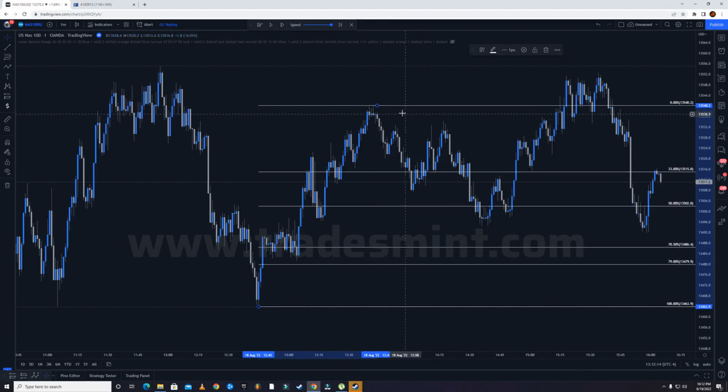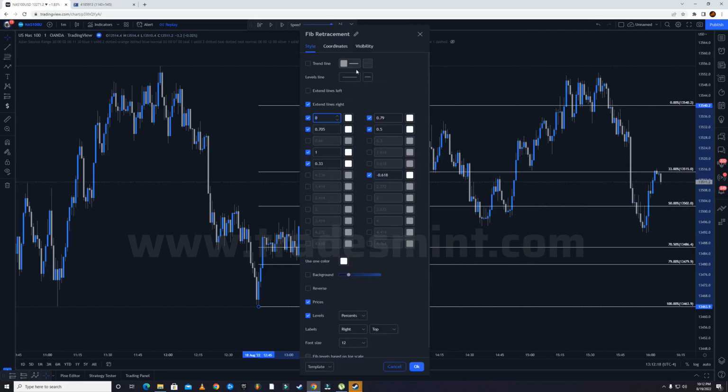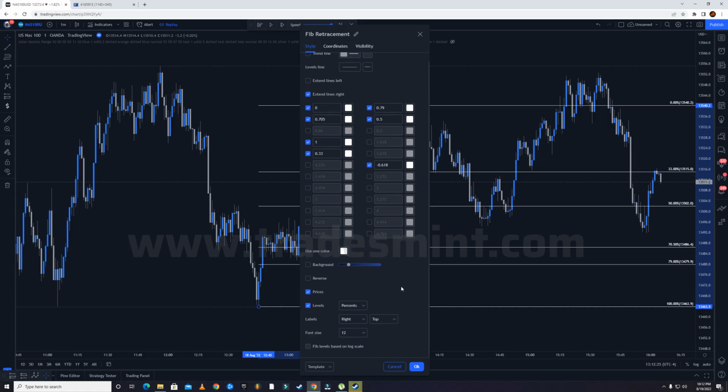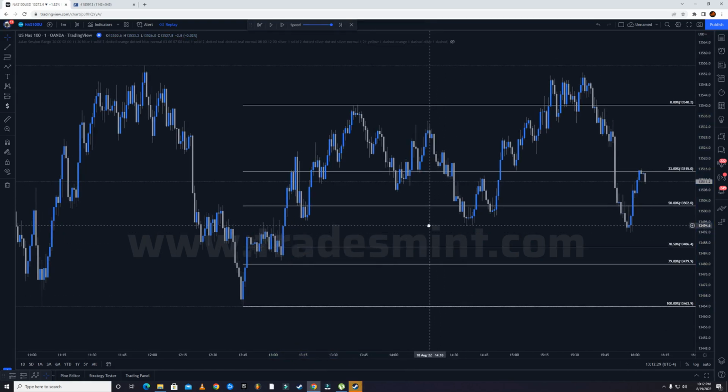And then first of all, you want to copy these settings. You can pause the video right here and copy these settings. Now, when the price is below the 50% level, then the price is considered to be in a discounted area.